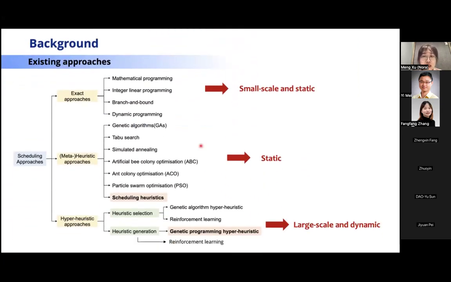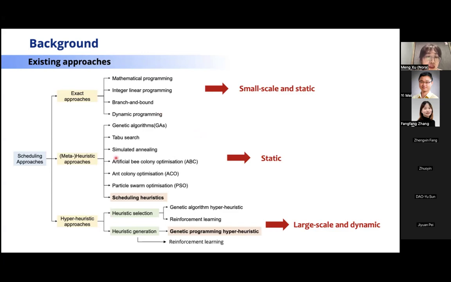And existing methods for job shop scheduling can be categorized into 3 types, which are exact approaches, meta-heuristic or heuristic approaches, and hyper-heuristic approaches. Well, exact approaches, like branch and bound and dynamic programming, are more suitable for solving small-scale and static problems, but cannot be used for solving very large-scale and dynamic problems.